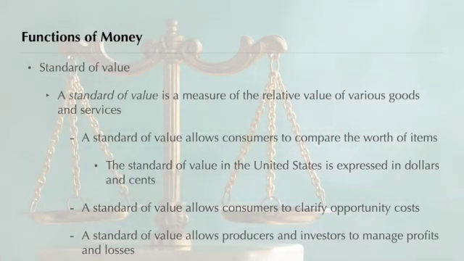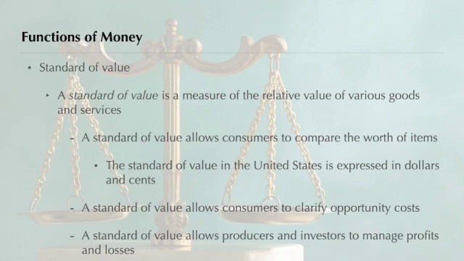Another use of money is as a standard of value. That is, money provides people with a way to measure the relative value of goods and services by comparing their prices. In this way, people can compare the worth of items such as a television and a bicycle. They also can use prices to judge the relative values of two different models or brands of the same type of item.